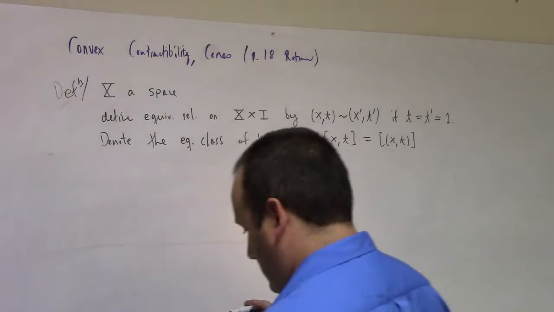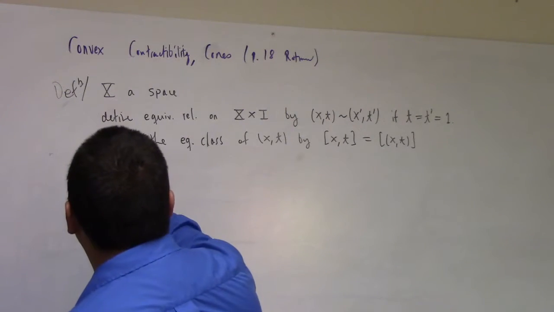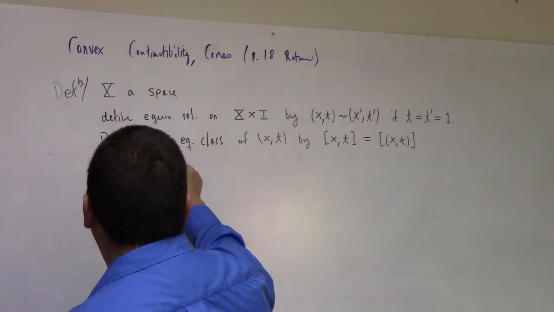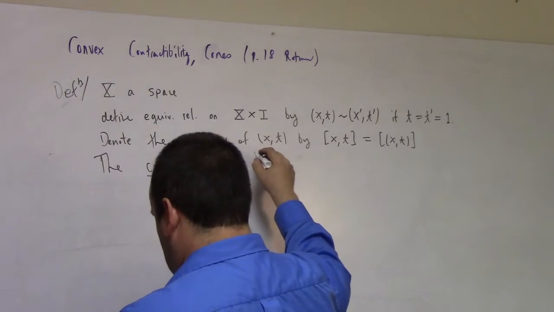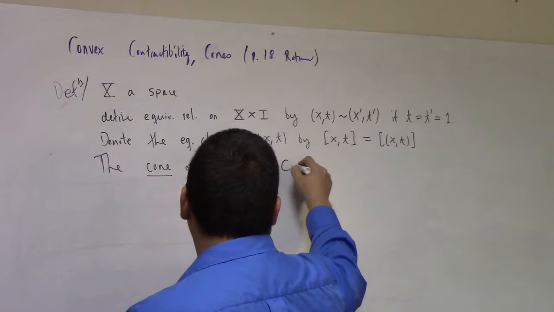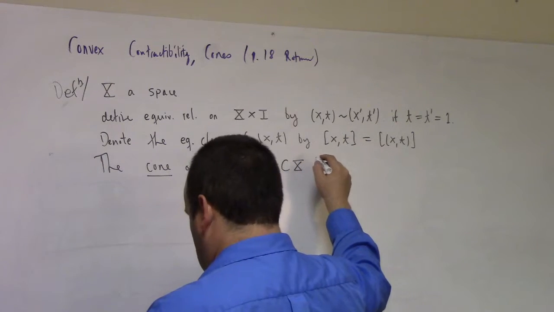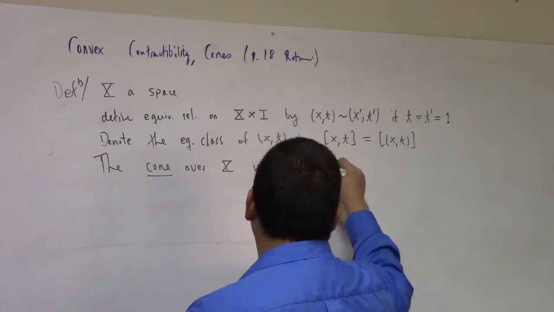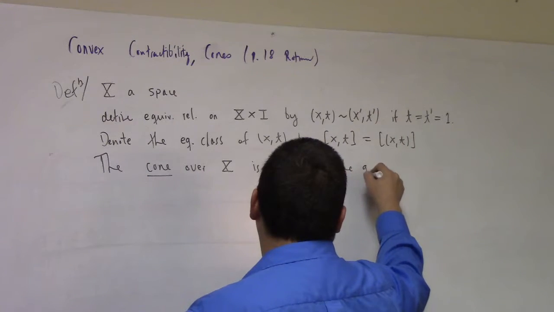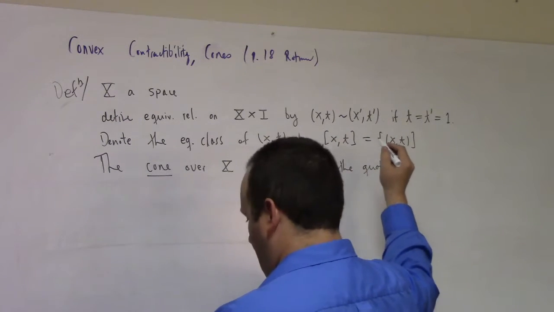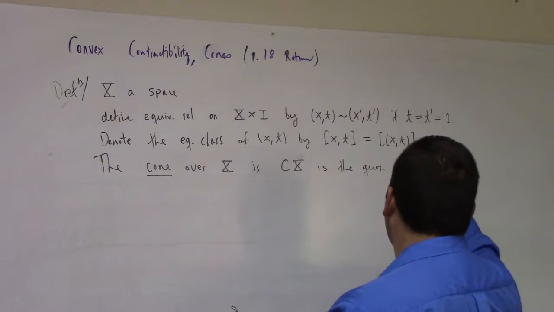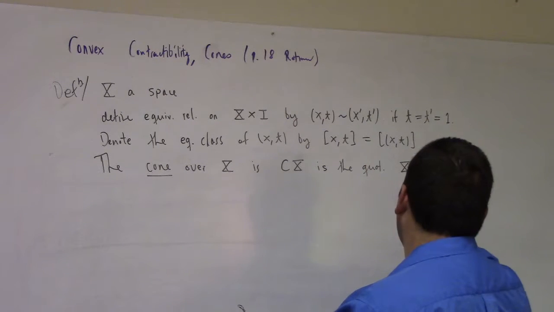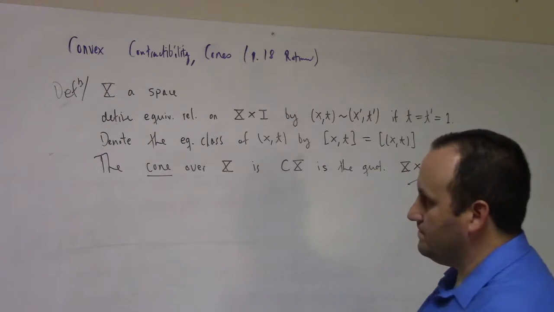So the cone over X is called CX, and it is the quotient space X cross I mod this equivalence.